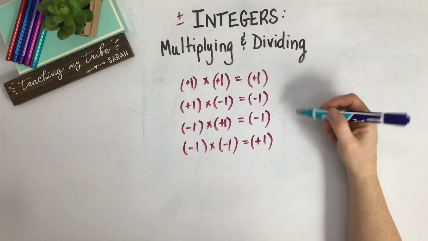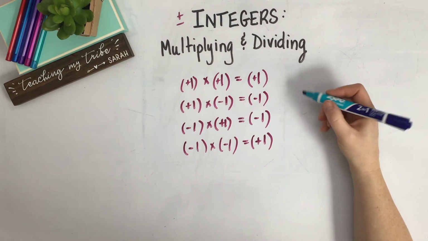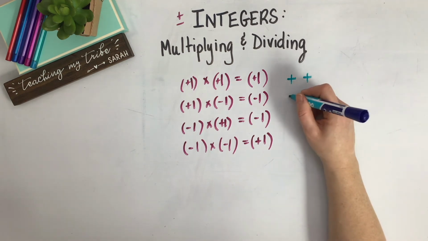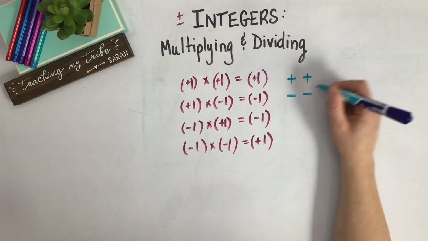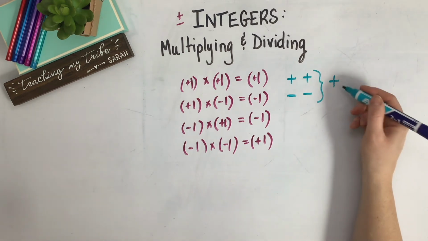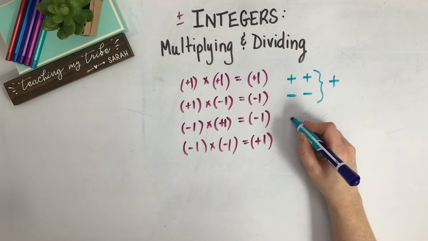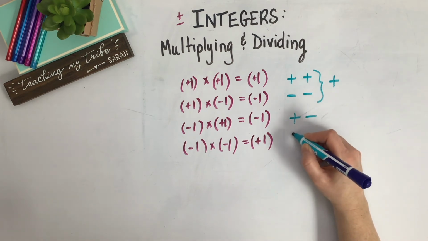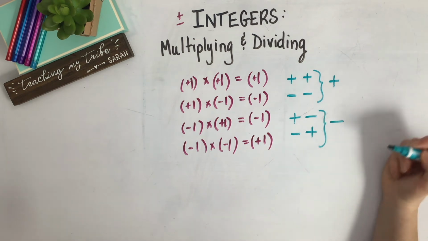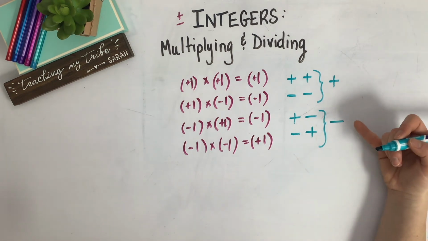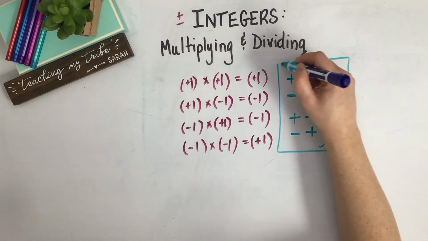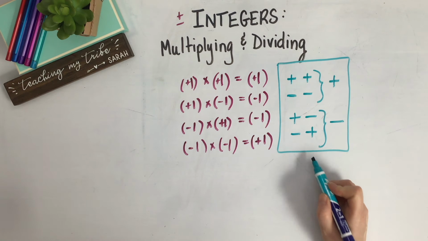We can summarize these general rules by saying a positive times a positive or a negative times a negative will always give me a positive answer, product or quotient. A negative times a positive or a positive times a negative will always give me a negative product or quotient. So this is the general rule that you can follow for multiplying and dividing integers.